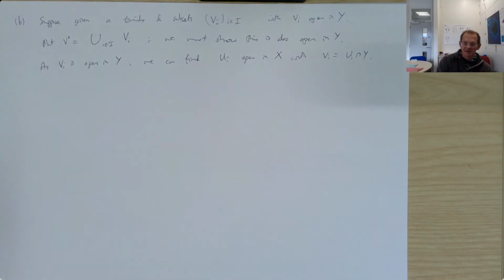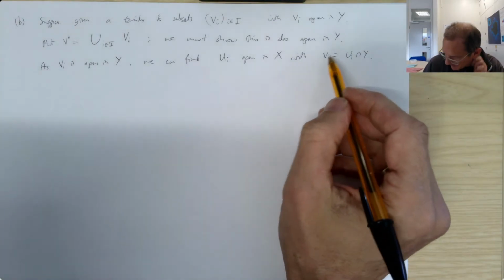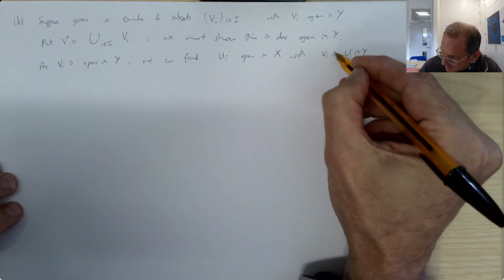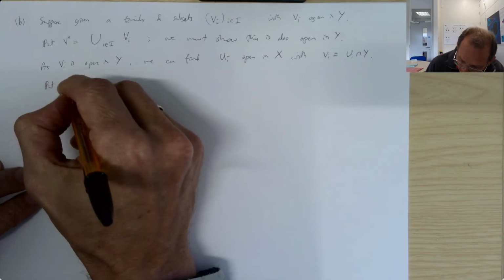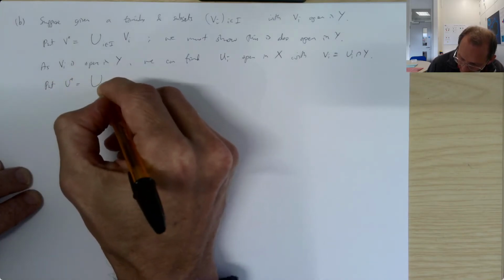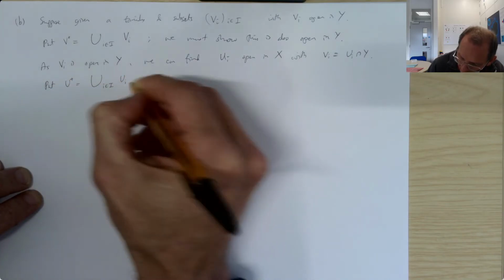Okay, that was the definition of the subspace topology. A set is open in Y if and only if it's the intersection of an open subset of X with Y. Put U upper star, so that's going to be the union of all these Ui.